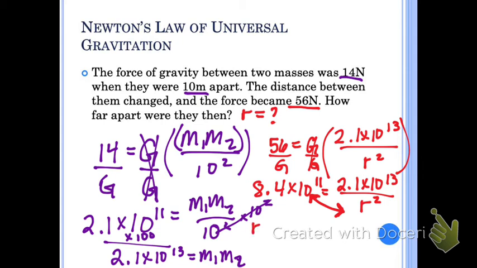So when I do that, there's algebra that goes into that. It ends up with R squared equals 2.1 times 10 to the 13th over 8.4 times 10 to the 11th. So now I can go ahead and do that math.